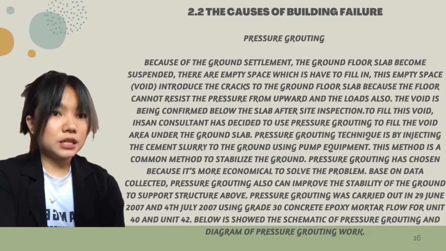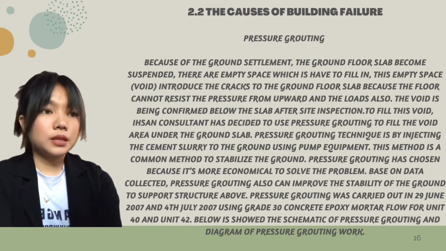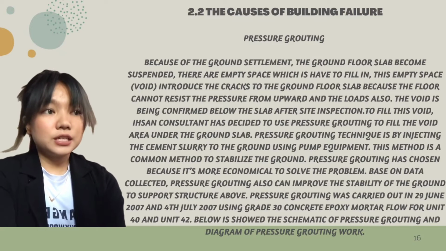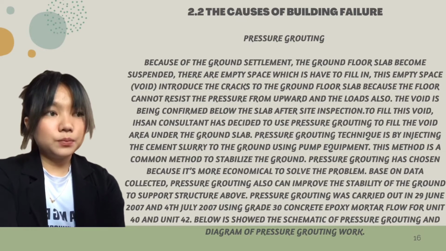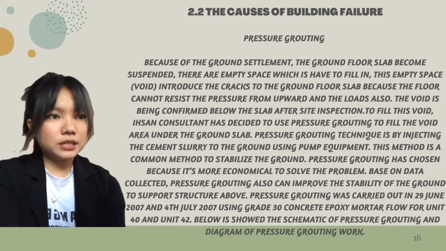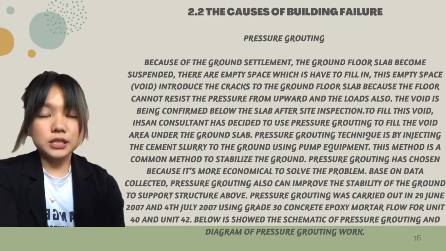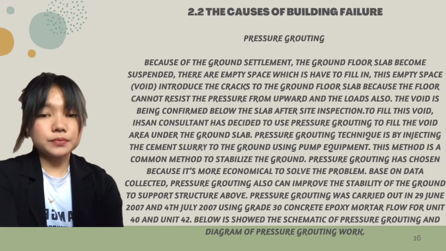This method is a common method to stabilize the ground. Pressure grouting has been shown to be more economical to solve the problem. Based on data collected, pressure grouting can also improve the stability of the ground to support the structure above.